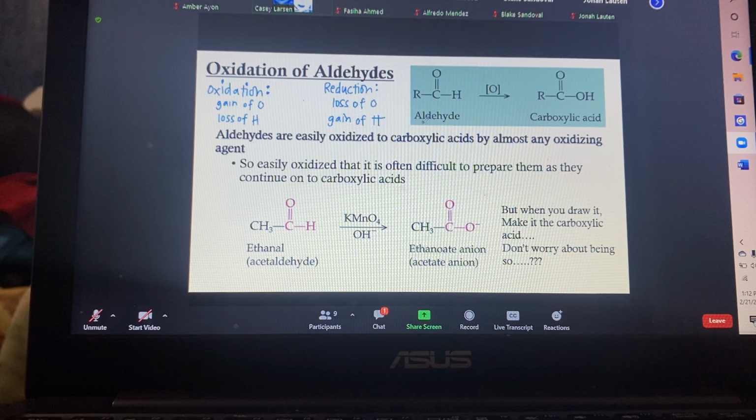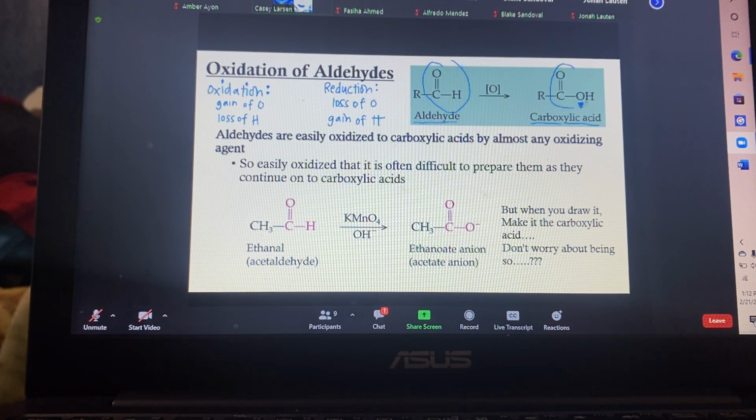So you can see here that going from an aldehyde to a carboxylic acid, there's a gain of oxygen. Just look at this part, because that's the only part that's reacting. We've got one carbon, one oxygen, and one hydrogen.